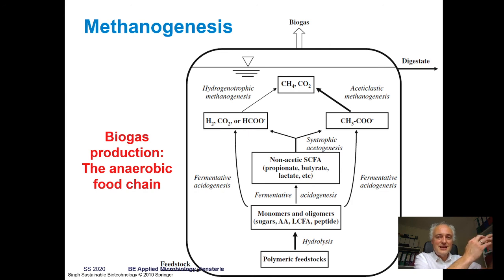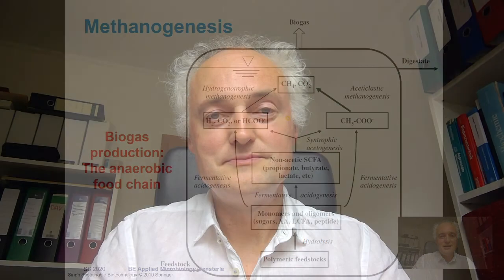This means they live together with the methanogens, which consume the hydrogen. This is called syntrophy because the process can only happen if the syntrophs are in close vicinity to the methanogens. The methanogens then produce methane, either from acetate, which is the main process, or from carbon dioxide and hydrogen. At the end you have methane, and this is the anaerobic digestion chain.